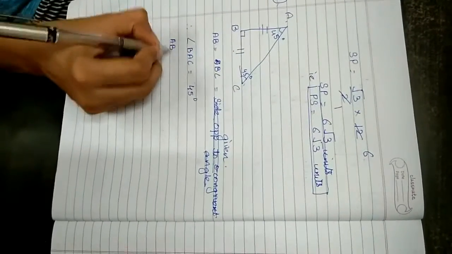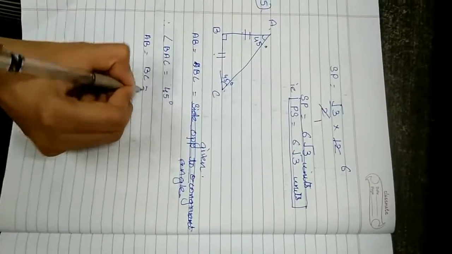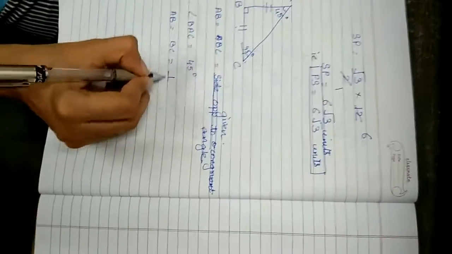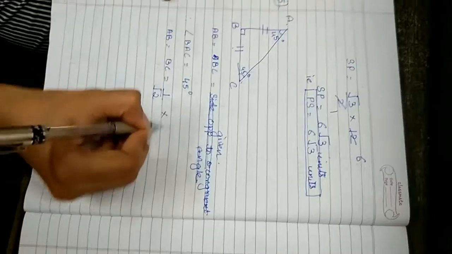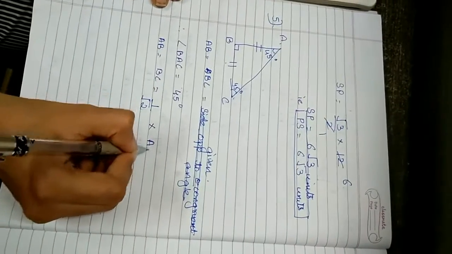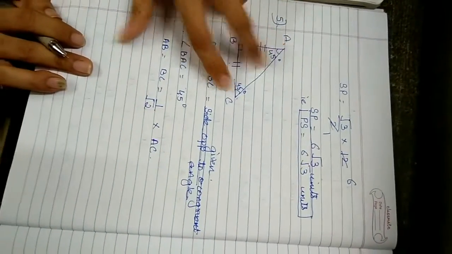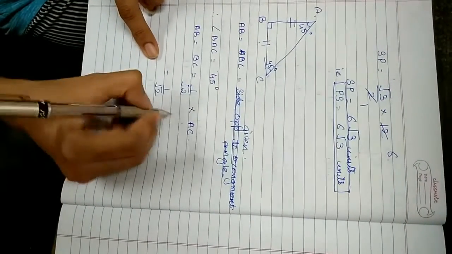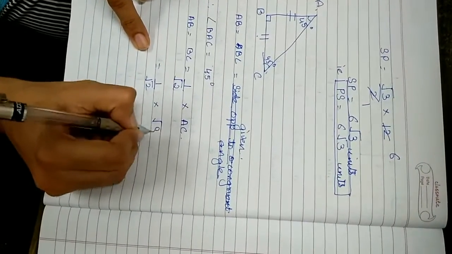AB is equal to BC, so we will apply the 45-45-90 theorem, that is 1 upon root 2 into hypotenuse. The hypotenuse is AC, so 1 upon root 2 into AC. The value of AC which is given is root 8.